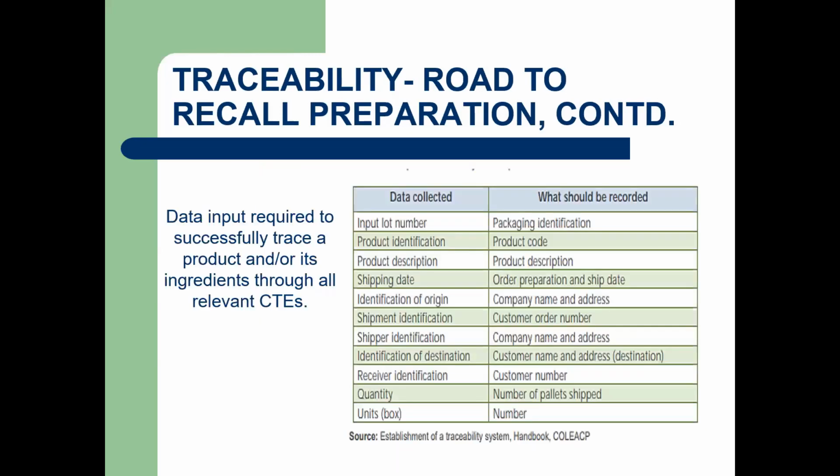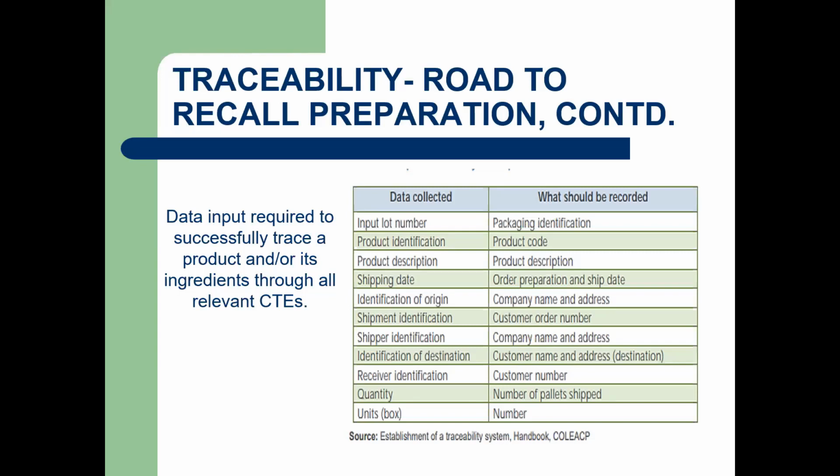Now, another component is what data input should be recorded. You'll have a lot of data in your processing facility, a lot of data at your receiving, a lot of data at your shipping end, and how much is related to traceability and how much information we can effectively detect. So this is just a small example. For product identification, you need a product code.